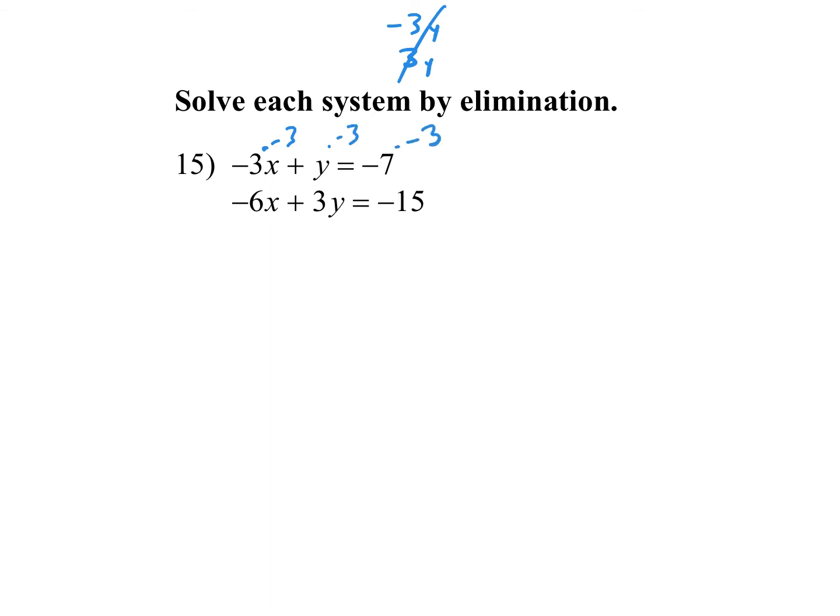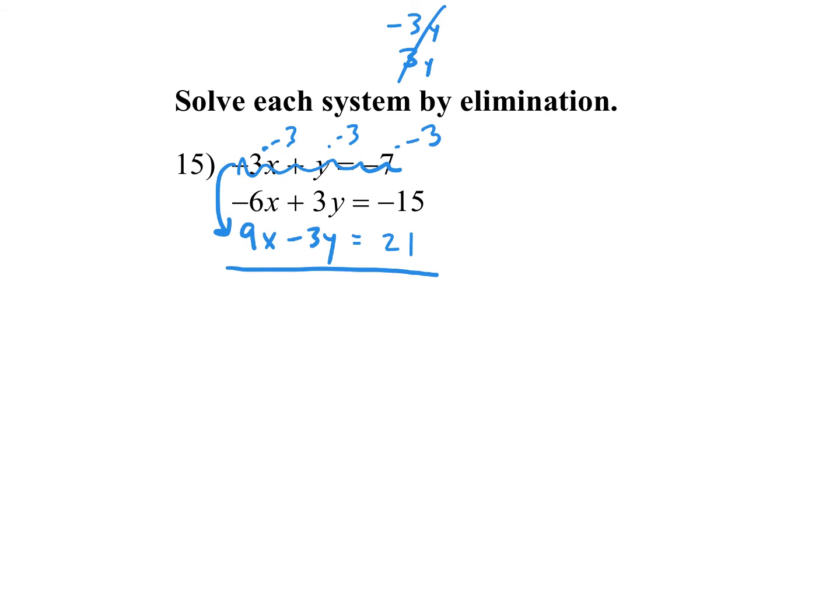So negative 3 times negative 3 is what? 9. So 9x minus 3y is equal to, what's negative 7 times negative 3? 21. So my new first equation is down here. Can I add these together now?